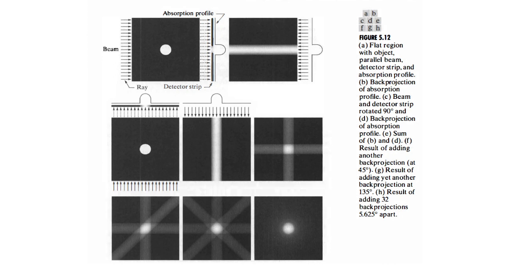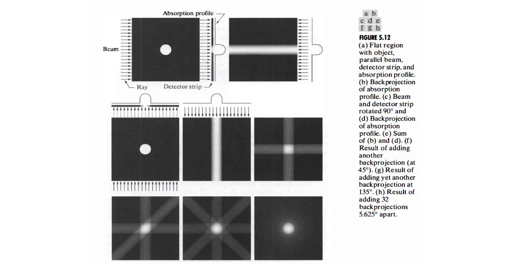What does the B image represent? It represents the back projection of the absorption profile. C represents the beam and the detector strip rotated by 90 degrees. D is obtained when you rotate the B figure, giving the back projection of the absorption profile.